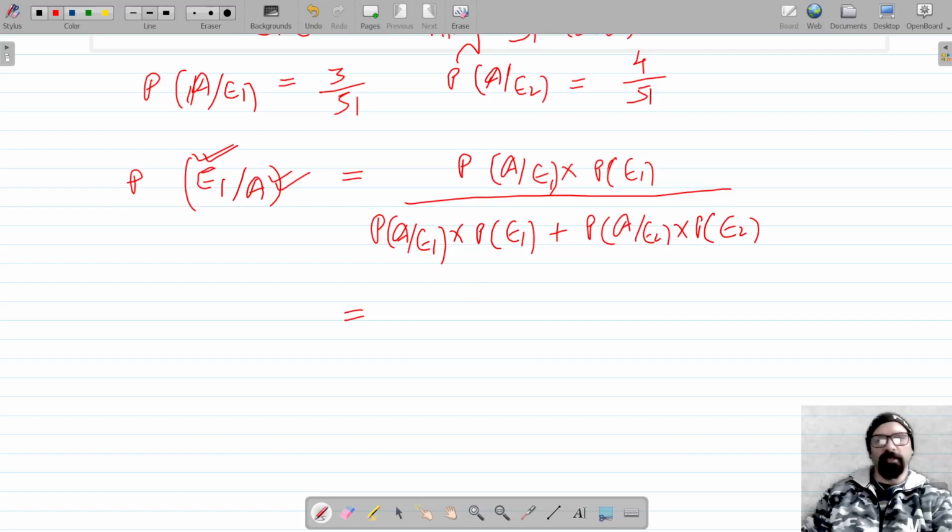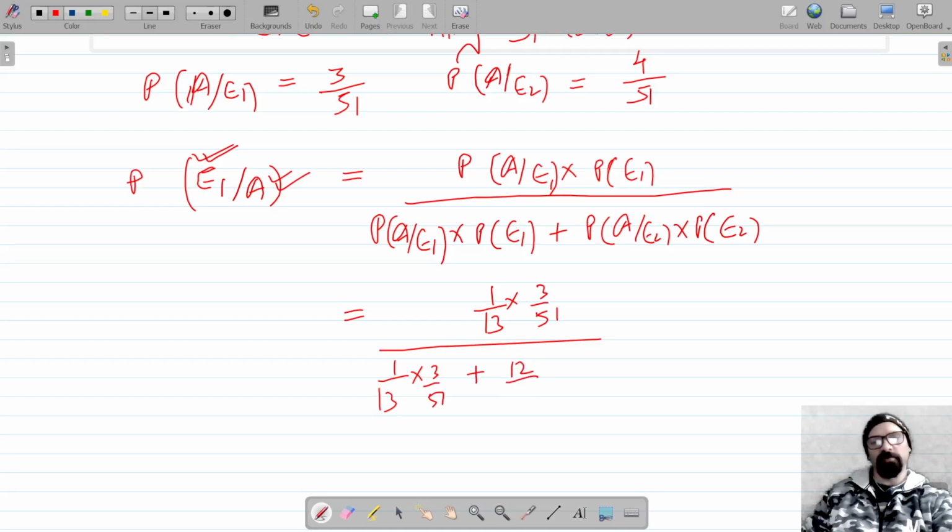Probability of A by E1 is 3 by 51, and probability of E1 is 1 by 13. So this is 1 by 13 into 3 by 51, divided by 1 by 13 into 3 by 51 plus probability of A by E2, where E2 is 12 by 13 into 4 by 51.